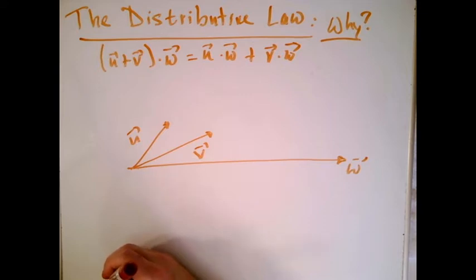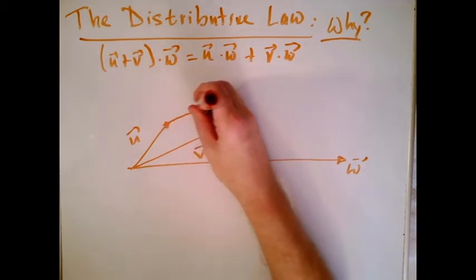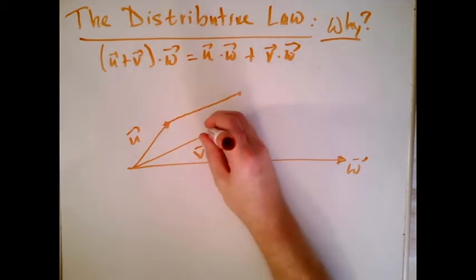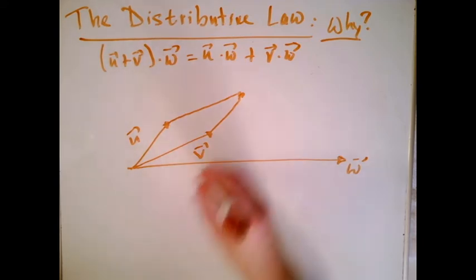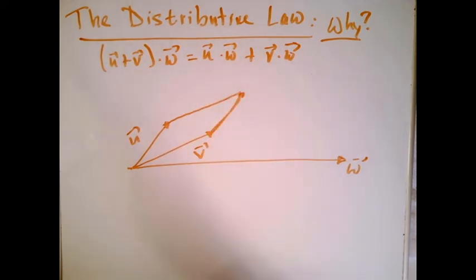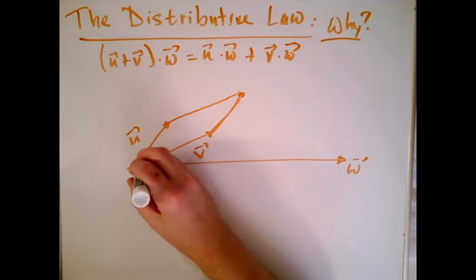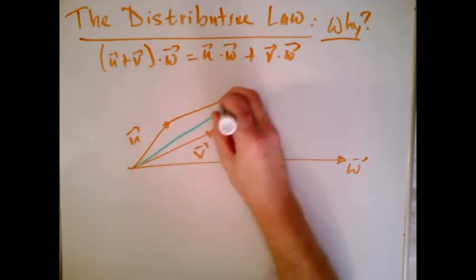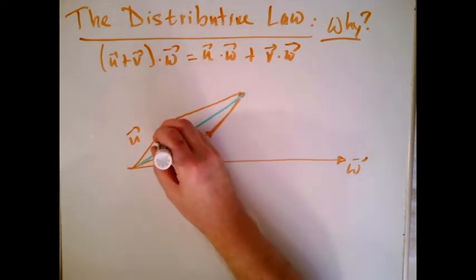Now remember how we add U plus V geometrically. We make a nice parallelogram here like this, so that this vector here is going to wind up being U plus V.